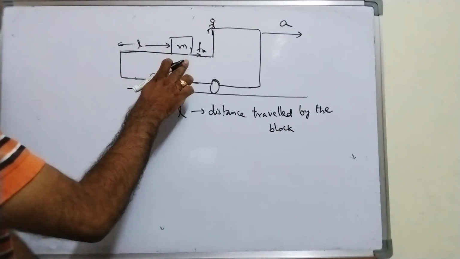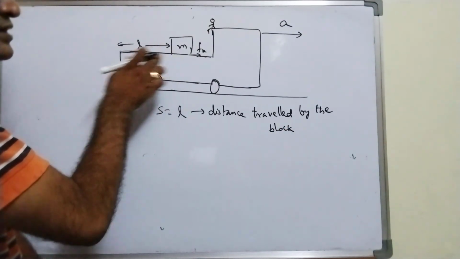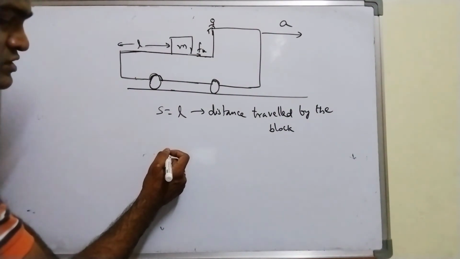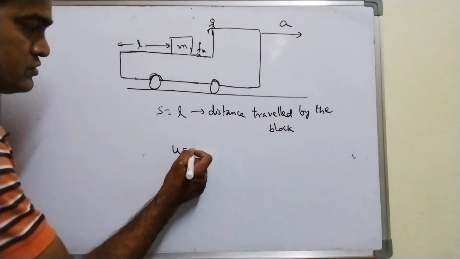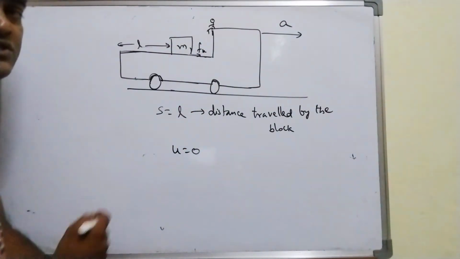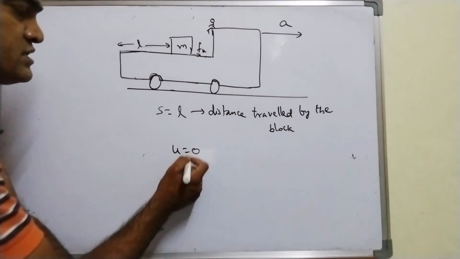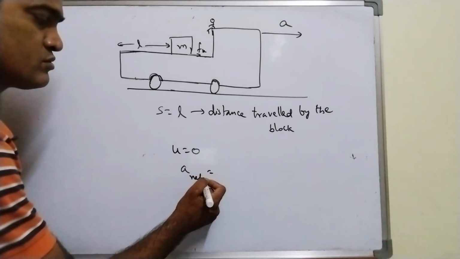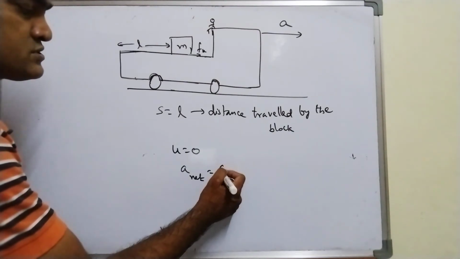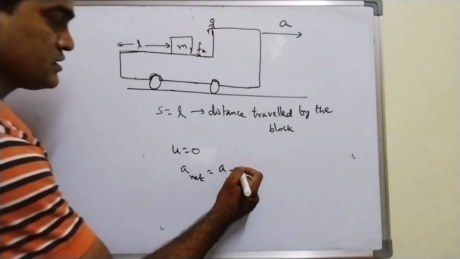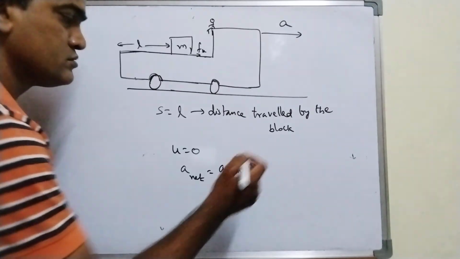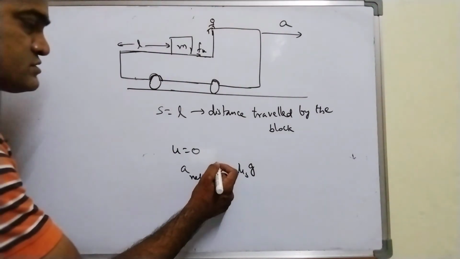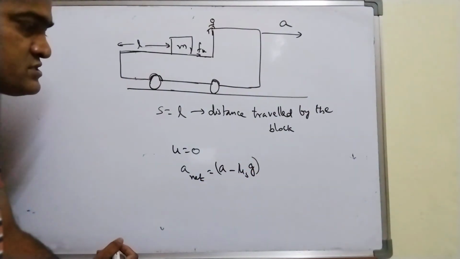Initially the block is at rest, so U is equal to 0. So S is equal to L, U is equal to 0. What is the value of a net we got just now? A net is a minus mu s into g. This is the value of net acceleration I got.